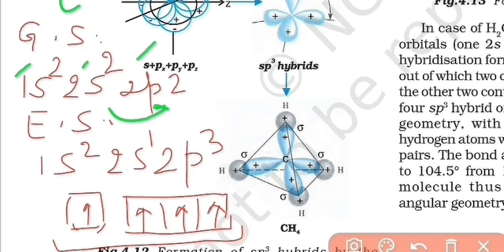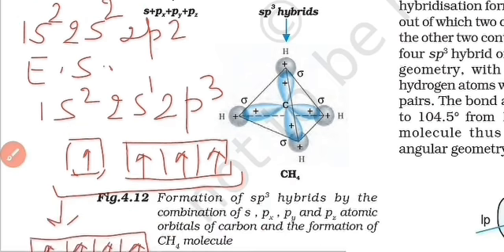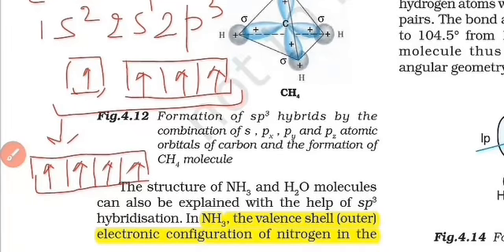So in this way, the excited state configuration of carbon atom becomes 1s2, 2s1 and 2p3, and it can be shown by this block diagram.